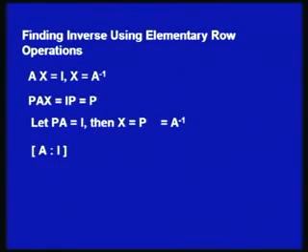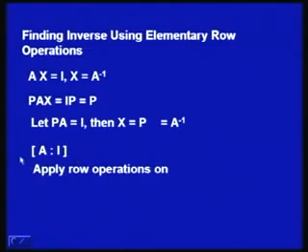So what we do is apply row transformations on the augmented matrix [A : I]. Instead of a column matrix B as in the case of a system of equations, we now have an identity matrix of appropriate order.